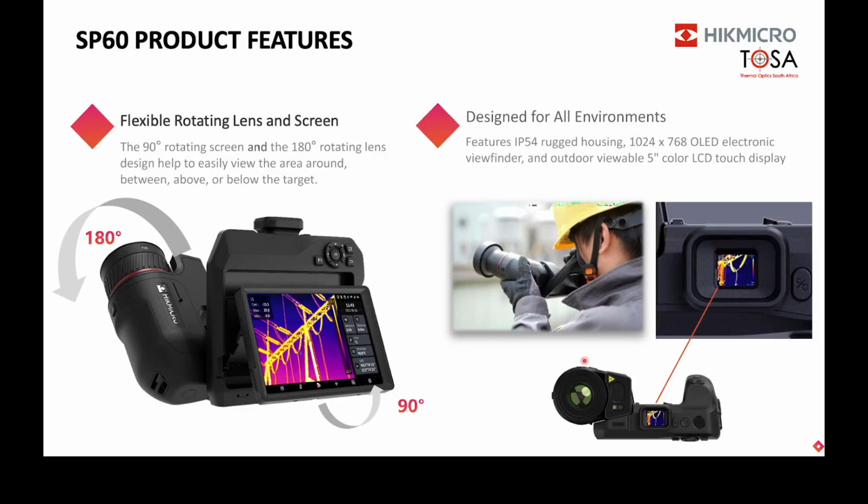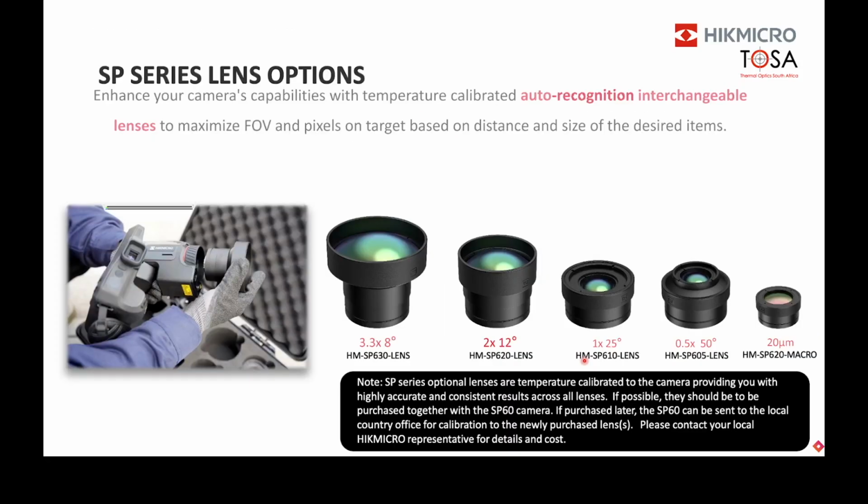that also has a viewfinder, and the viewfinder makes it sometimes very easy, like you see the person in the image there, using the viewfinder just to be able to zoom in to an electrical problem.